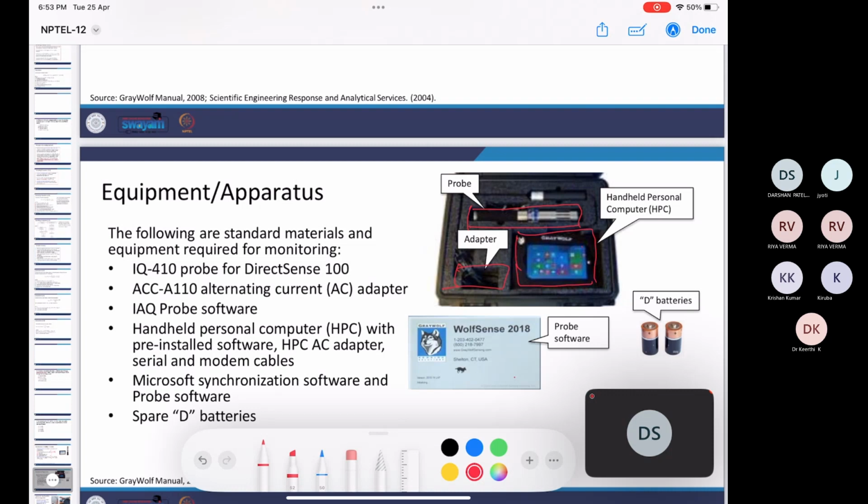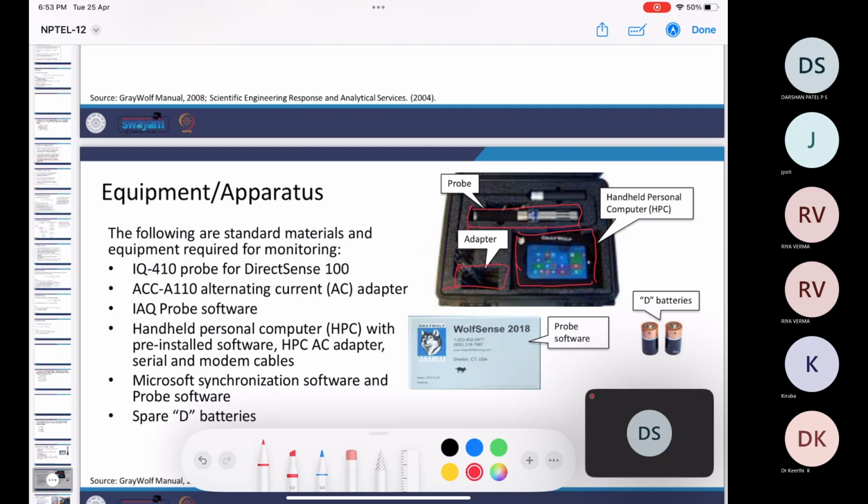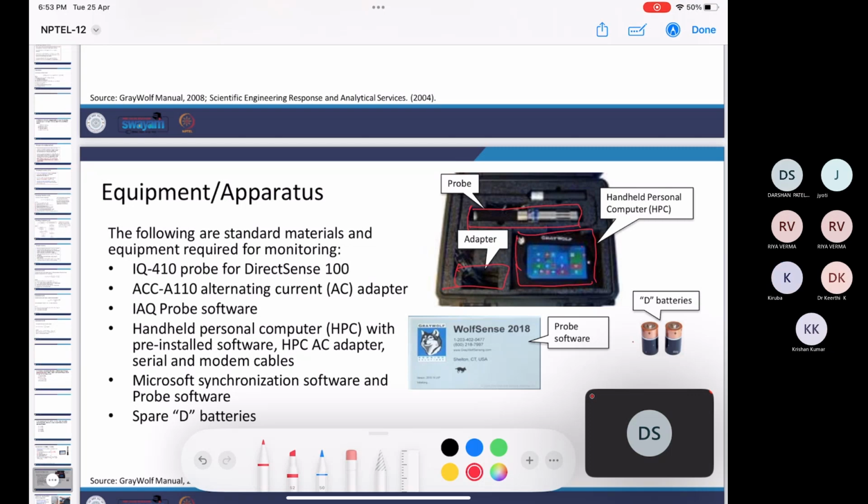And you also need to install this software onto your laptop or desktop, any kind of computer that you have, for the transfer of data. Then we have these D-type batteries. Basically, these are big size batteries that were used in torches.